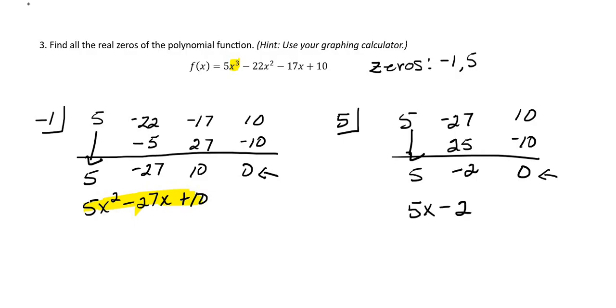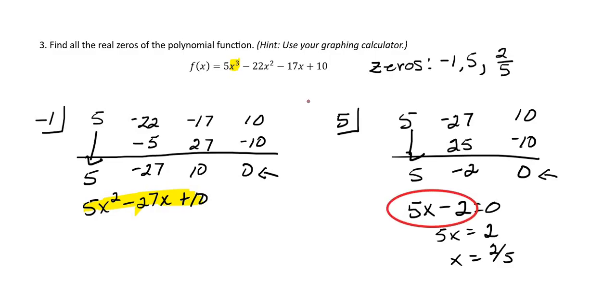So my quotient here is 5x minus 2. So from there, I can set this equal to 0, so 5x equals 2, x equals 2/5. So going back up to the top here to list out my 0, my third 0 is 2/5.